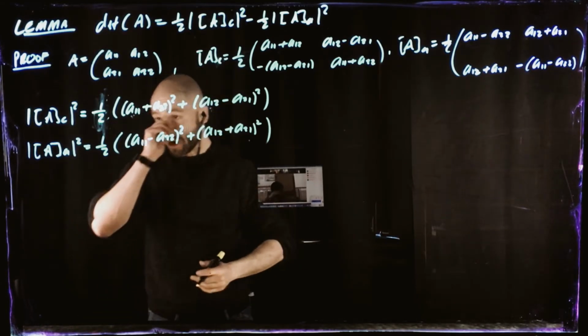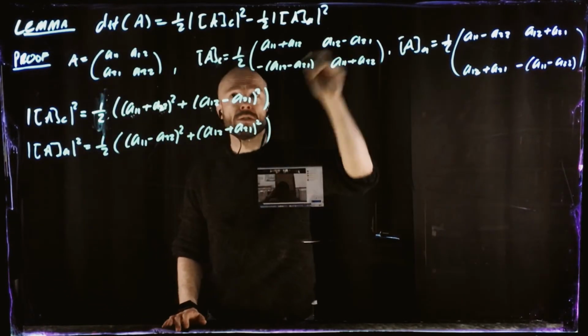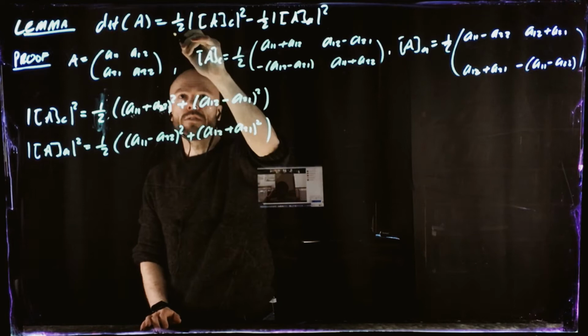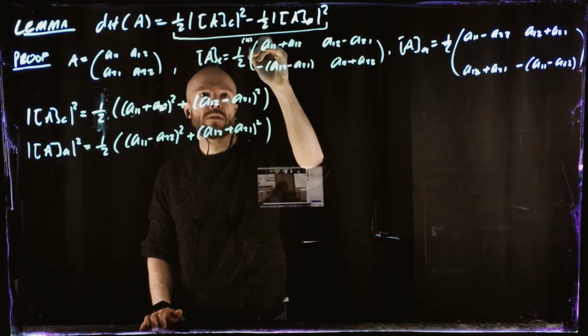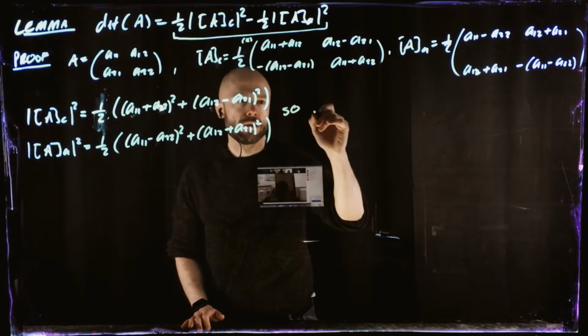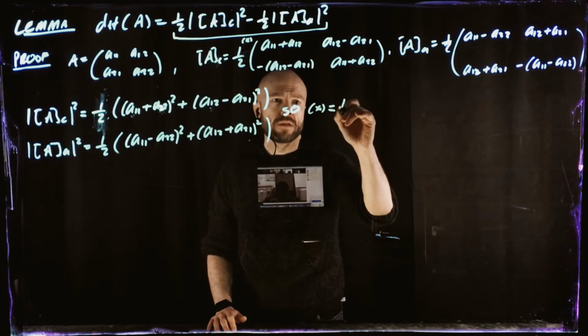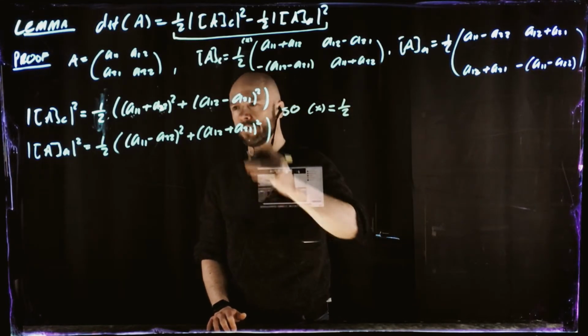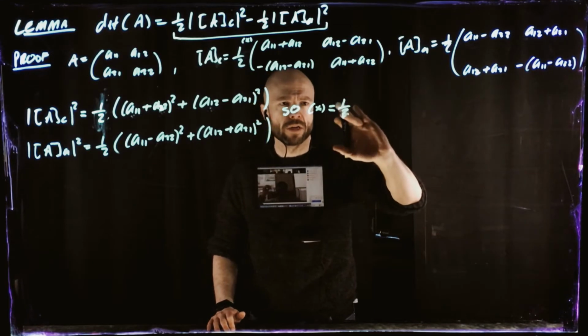Cool. So let's call this thing star. Star is going to be, let's pull out the half, and we also get the half from this thing, so it's going to be a quarter.